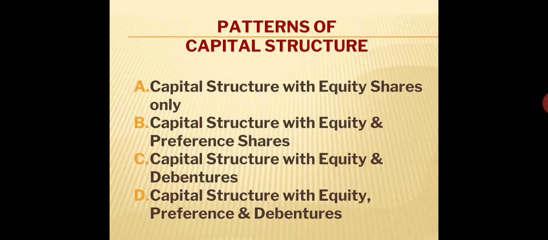Equity means you are offering the ownership capital, so the investors who are risky will definitely prefer equity shares of the organization. And in debentures, it is fixed by its maturity, and the organization offers regular and timely interest to the debenture holders. So definitely this pattern attracts each and every class of investors.